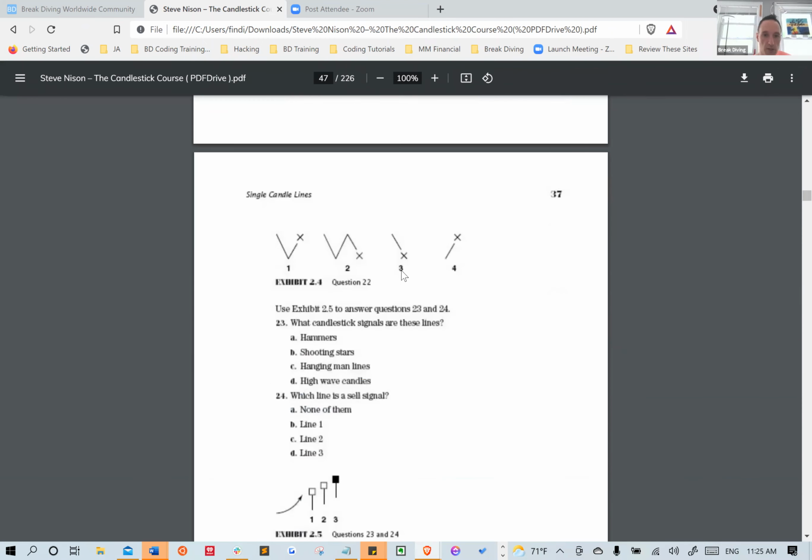Okay, for 23. 2.5. So I'll do 23, you'll do 24. What candlestick signals are these lines? Okay, this is difficult. So A, B, C, D. Oh, use exhibit 2.5.